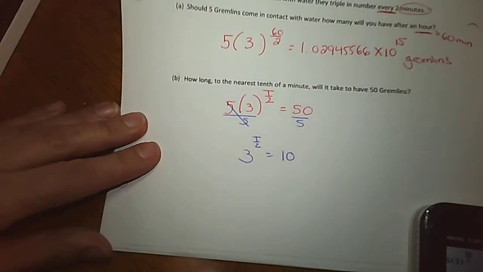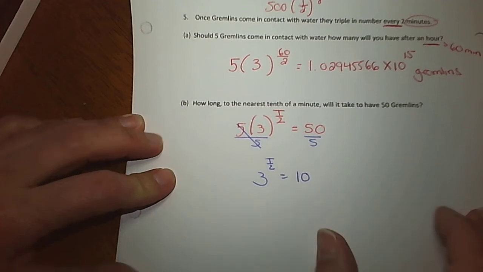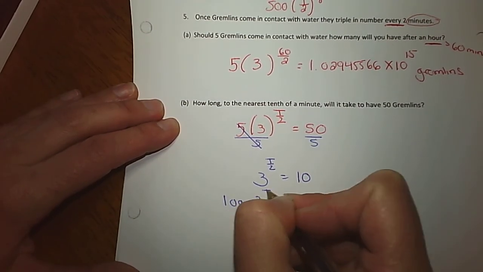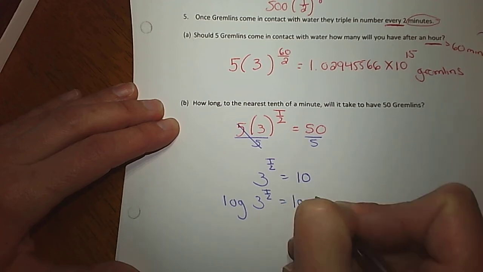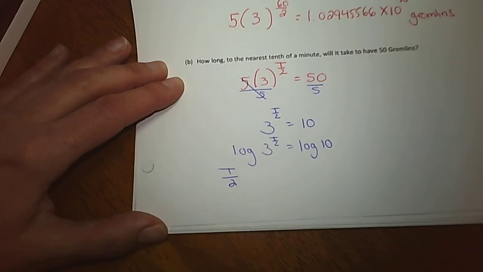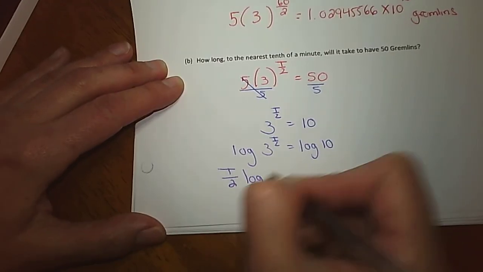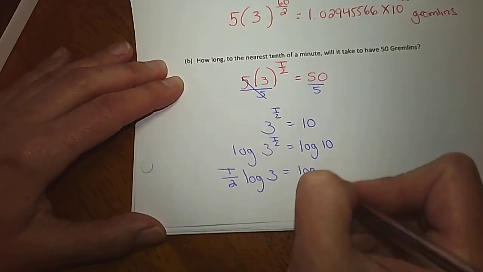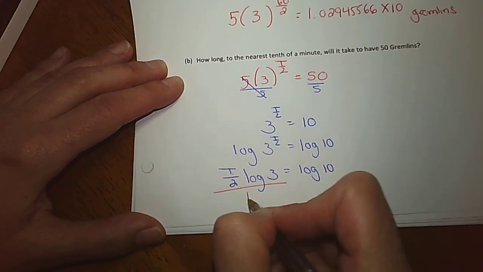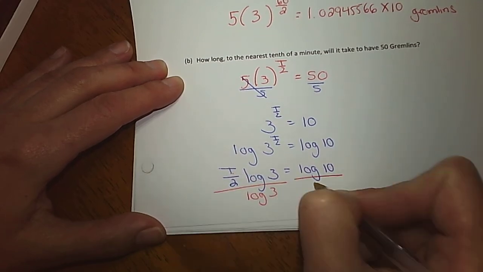And then we're going to log this. Now I'm going to do it the other log because we did a few the other way. Log 3 t over 2 equals log 10. The t over 2 falls in front. Trying to get t alone, so I'm going to divide by log 3.